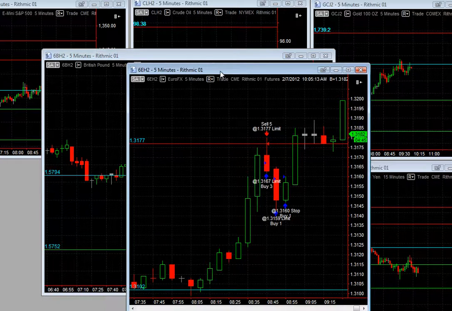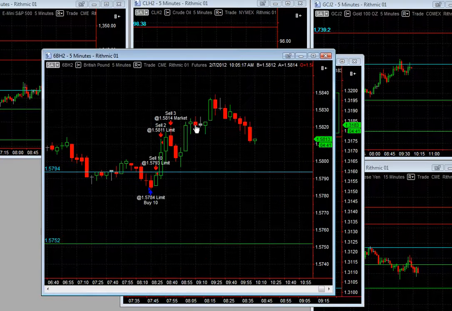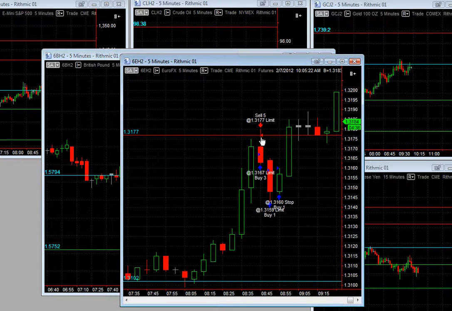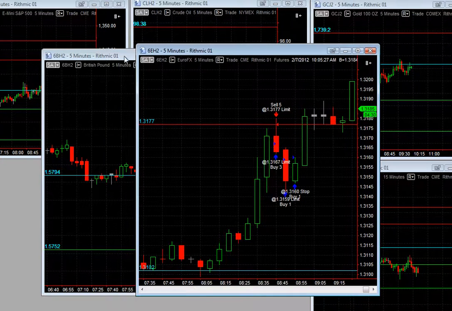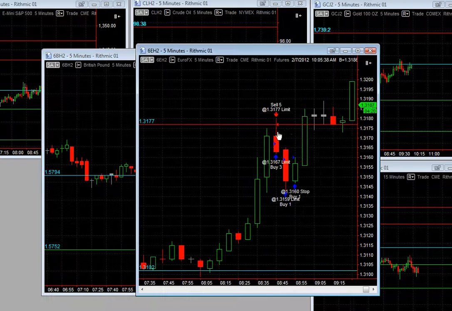The reason I got out of the British pound where I did on these 3 contracts that you see here is the euro currency came up here and hit its resistance level. So knowing how much these 2 contracts will mimic each other, I sold the euro currency at the resistance level, and then I got out of the remainder of my contracts here, and so I made about $1,100 on the British pound.